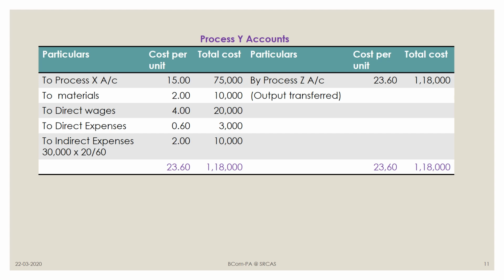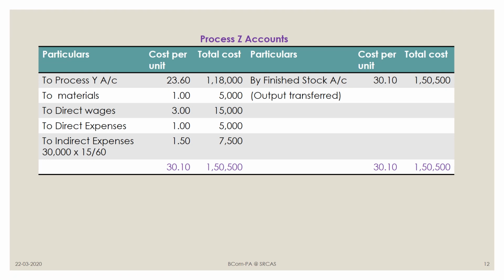In process Y account, the transfer from process X is debited, and all the expenses of process Y are debited. The balance which you get from process Y account is transferred to process Z account. 1,18,000 divided by 5,000, you will get 23 rupees 60 paise. Next is process Z account.